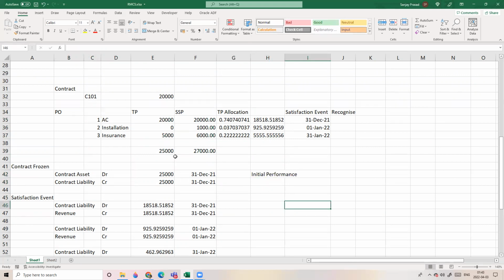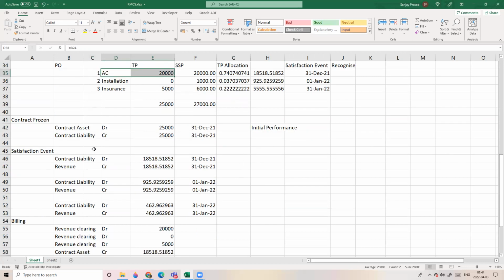After this, when I say that the AC is delivered to the customer, that means the respective revenue for the AC should be recognized. So assume that this PO obligation is satisfied. According to the SMM model, the PO obligation is satisfied, and the respective accounting will be created like this.